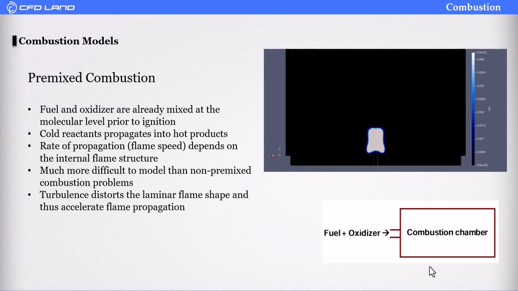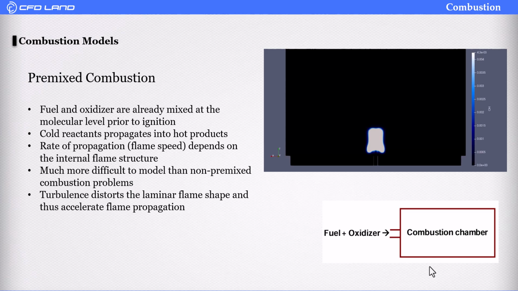For example, you can see this kind of combustion in aspirated internal combustion engines, lean premixed gas turbine combustors, and gas leak explosions. This model is more difficult to model than the non-premixed model. The premixed combustion usually occurs as a thin propagating flame that is stretched and contorted by turbulence.